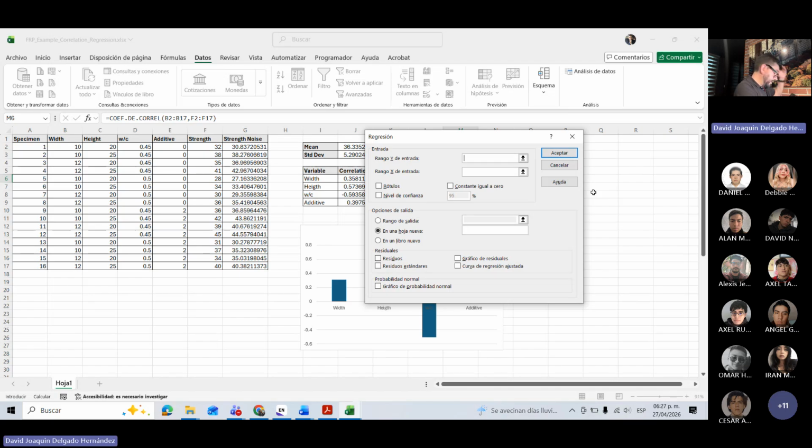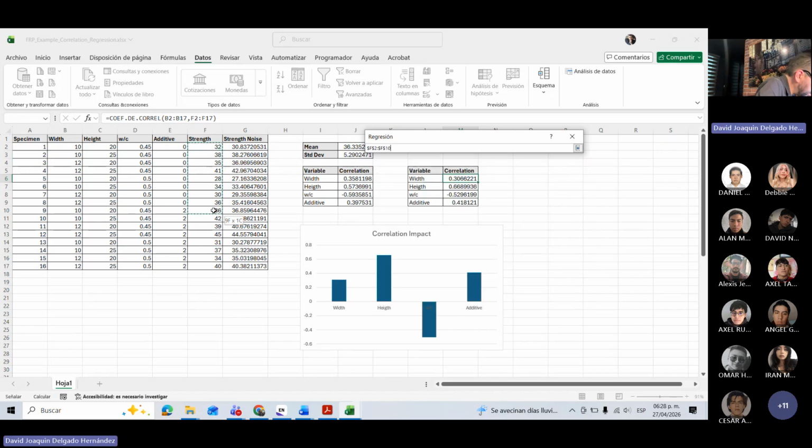Okay, so here is the window that we are going to use in order to carry out the regression analysis. So then here in the Y range, you choose from F2 until F17.